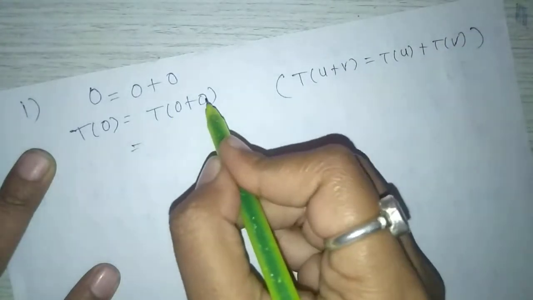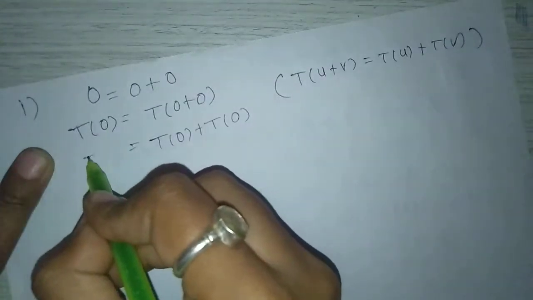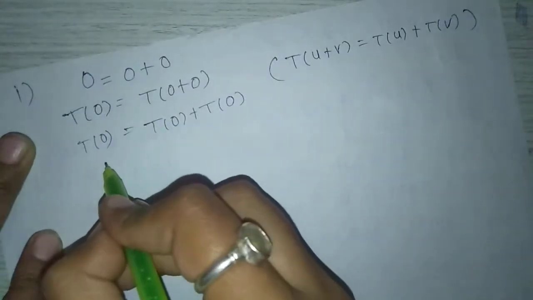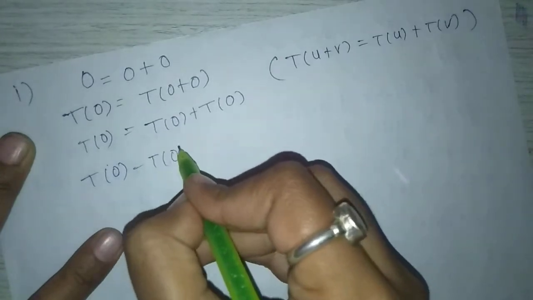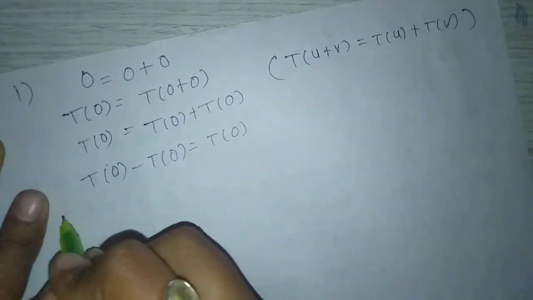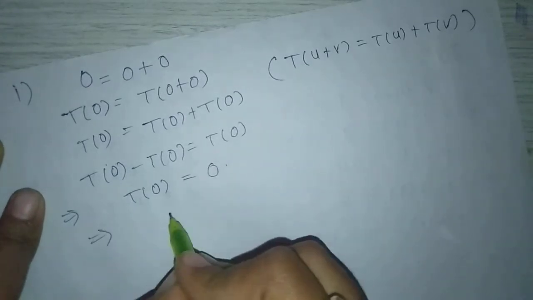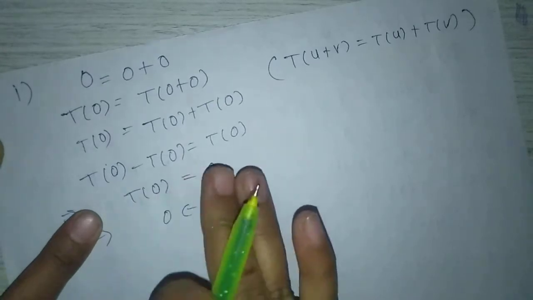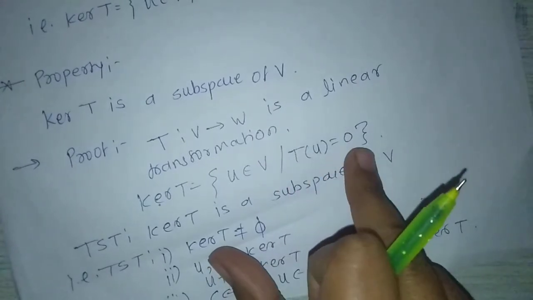Therefore, T of 0 plus 0 is T of 0 plus T of 0, which implies T of 0 minus T of 0 equals T of 0, which implies T of 0 equals 0. So 0 belongs to kernel of T, because we get T of 0 equals 0, and by the definition of kernel of T, u belongs to V such that T of u equals 0.